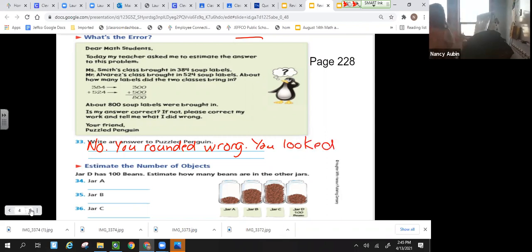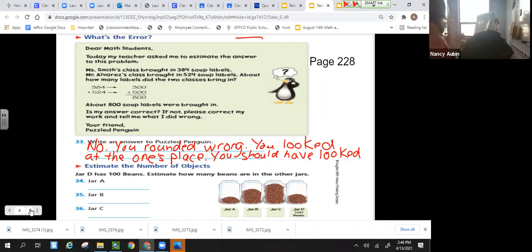Excellent, great detail. Now, Elena, read yours. No, you are wrong because 384 goes into 400 and 524 goes into 500. And it is not equal to 800. It is equal to 900.